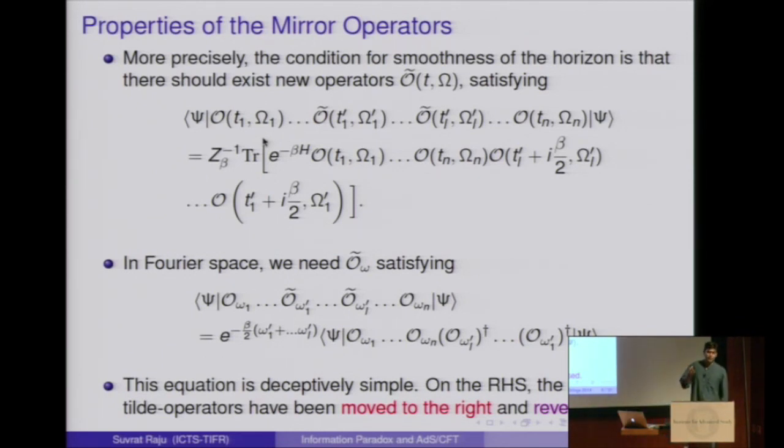Okay? So it's a deceptively simple equation, but nevertheless it's a precise condition we can write down that tells us what we need to construct a local field in the interior of the black hole.